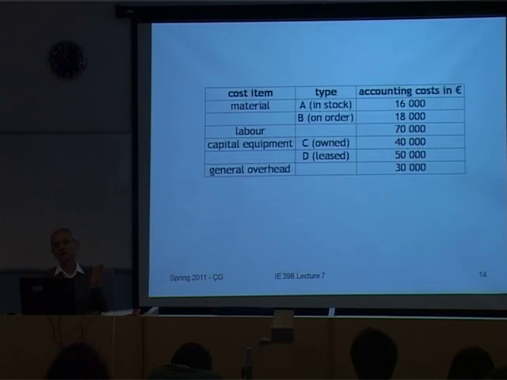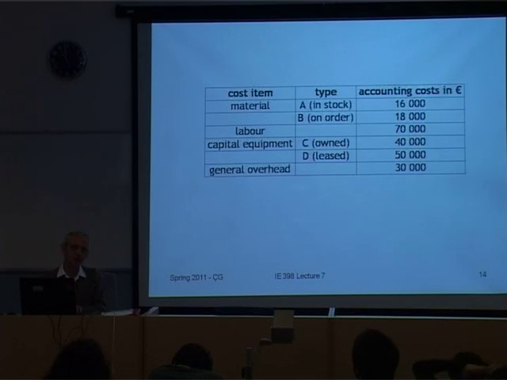And then they more or less arbitrarily divide this total overhead cost among the products or the services they have produced during that year. So some part of this overhead is assigned to some products, some parts are assigned to a project, etc.